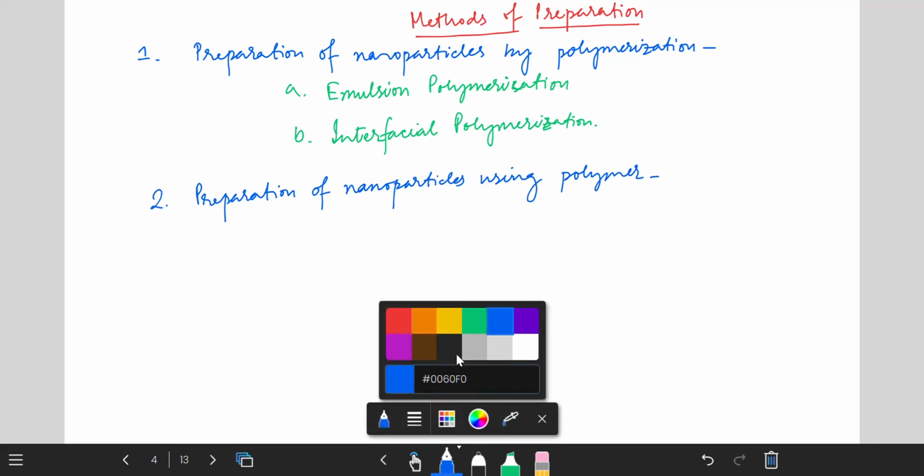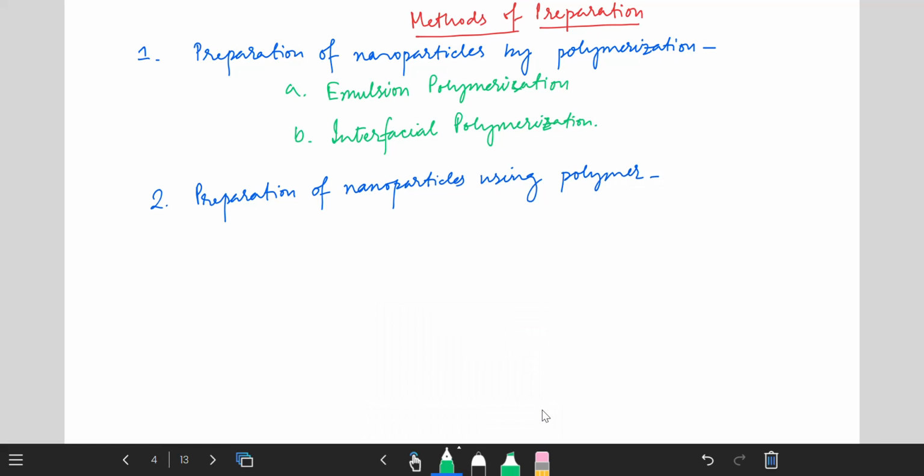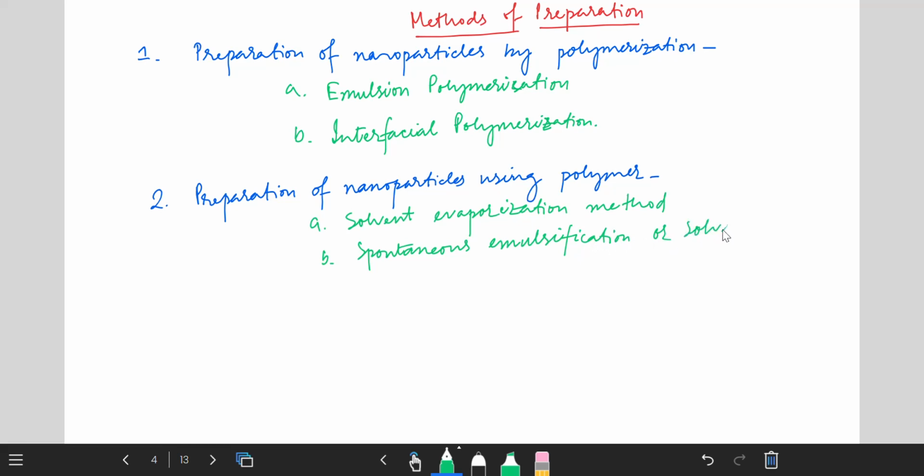In this category, the methods are, first one is the solvent evaporation method, and the second one is spontaneous emulsification or solvent diffusion method.